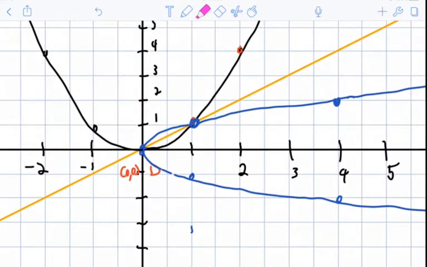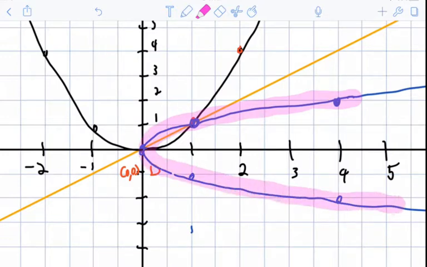So what I'm trying to say here is parabolas have vertexes. They always go down to a lowest point or a highest point. When I reflect the shape of the parabola through this orange line, this x equals y line, to get the inverse, you end up with a U tipped over.